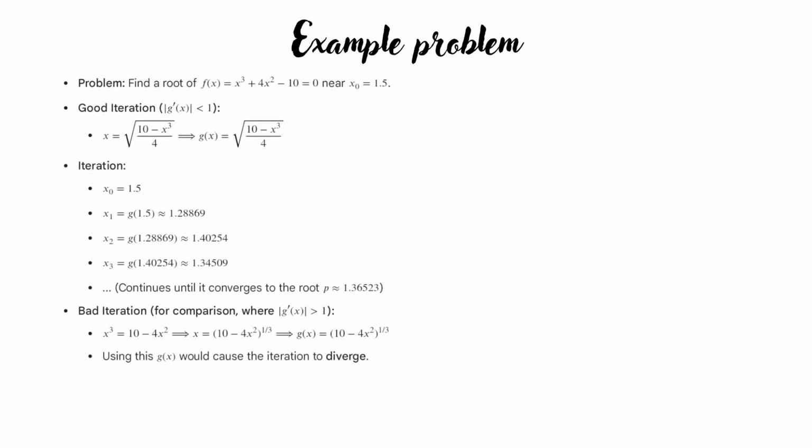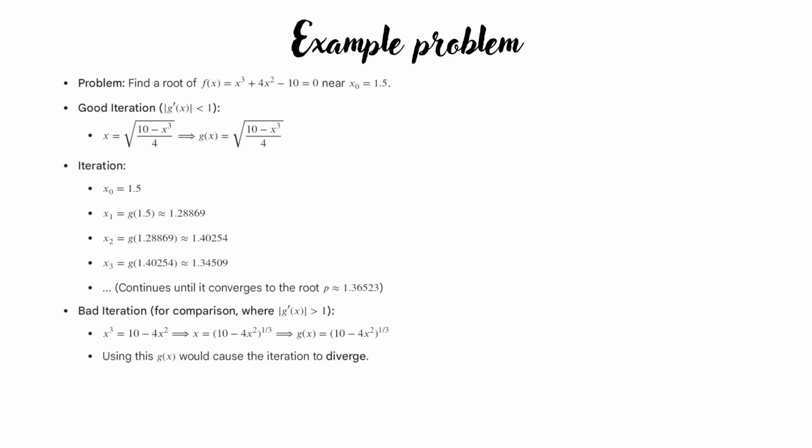So, what we did was transpose the 4x squared, then divide by 4 and take the square root to isolate x. So, g(x) is the square root of (10 minus x cubed) over 4.